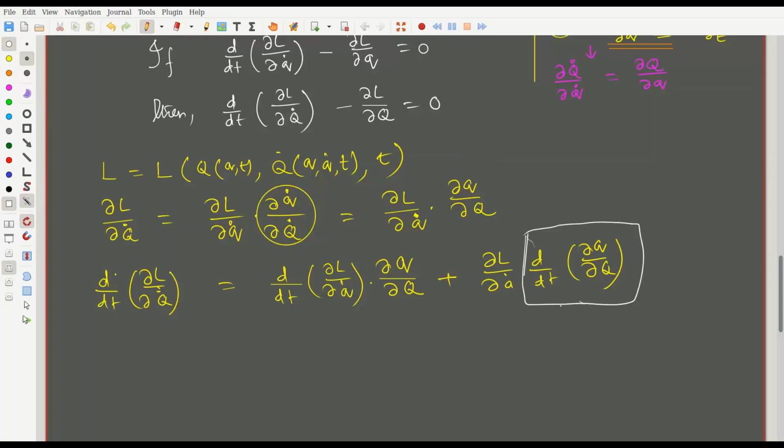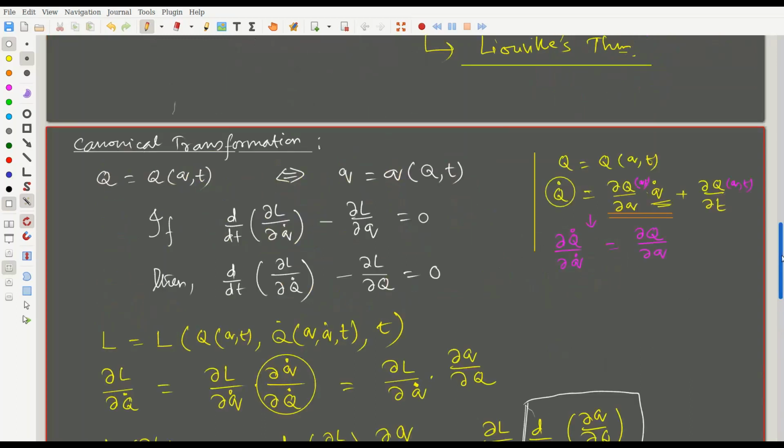So you have written this as del del Q dot d dt, or dq dt, something like that. But this will hold here only if you give proper justification for that. Again, that will come from this. So just try to figure it out.